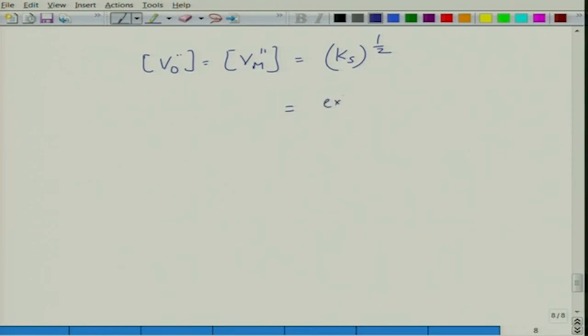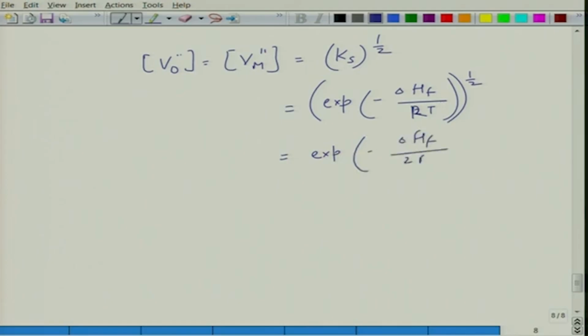Ks was exponential of minus delta Hf divided by RT, to the power half. So, this becomes exponential of minus delta Hf divided by 2RT. So, this is what we got from thermodynamics as well when we calculated the concentration, right. So, this is delta Hf divided by 2kT.